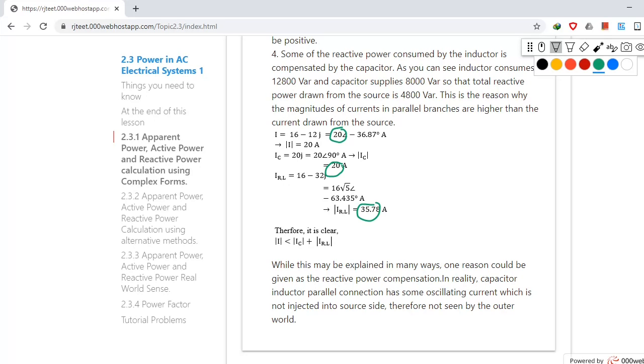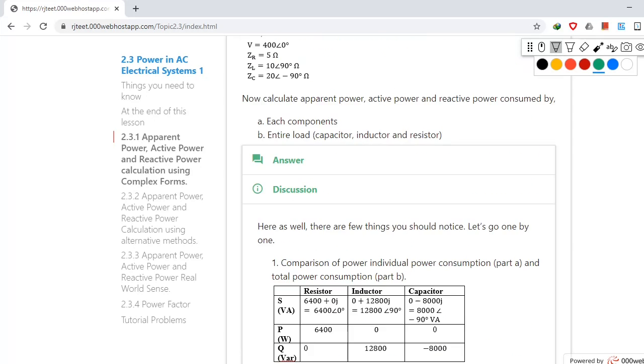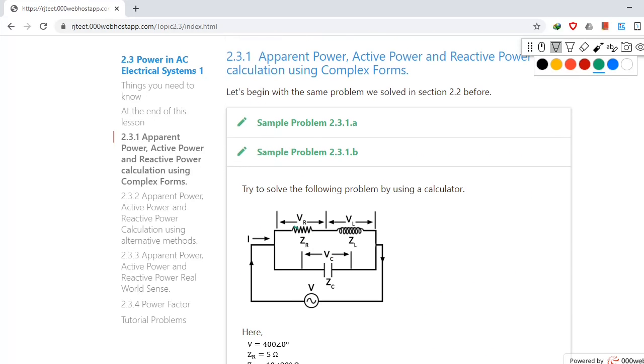If you consider the magnitude values, 35.78 plus 20 would be the magnitude-wise summation of these two currents, this current and this current here.